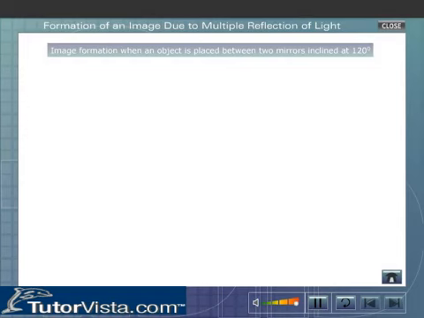Image formation when an object is placed between two mirrors inclined at 120 degrees. Place the mirrors MM and MM' in such a way that the angle between them is 120 degrees. Now place an object O in between the two mirrors.